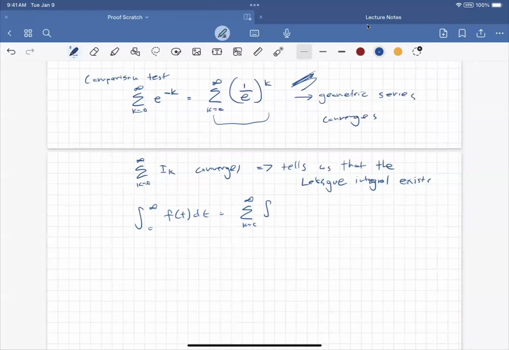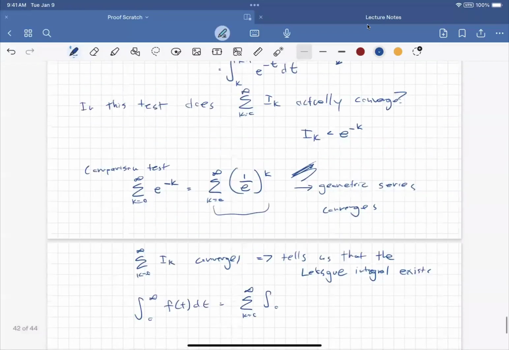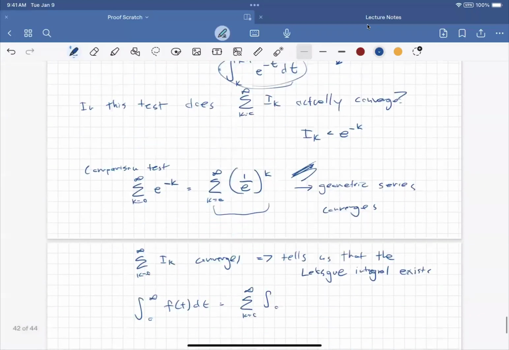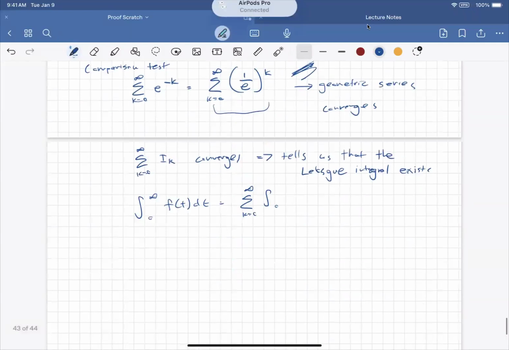The kth integral is defined as before, except we'll make one change: f of k of t dt doesn't have an absolute value around it.